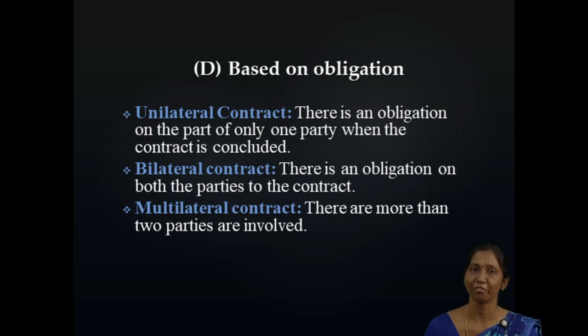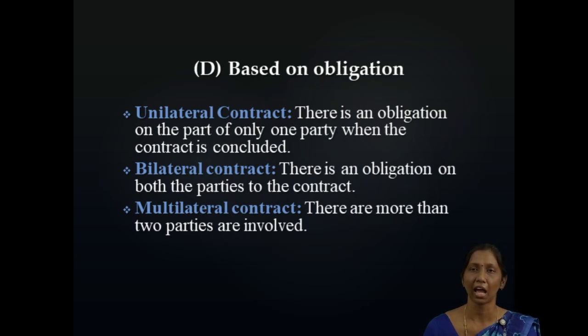For example, if a person met with an accident, the person who caused the accident has to pay the money. It was given by the court judgment. So here there is only one obligation: the person who caused the accident has to pay the money to the person who was injured. Only one party has the obligation to pay the amount; the other party need not pay.